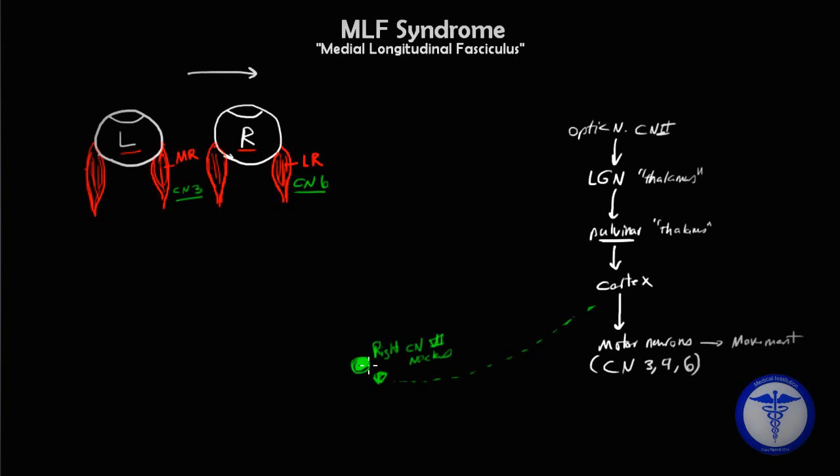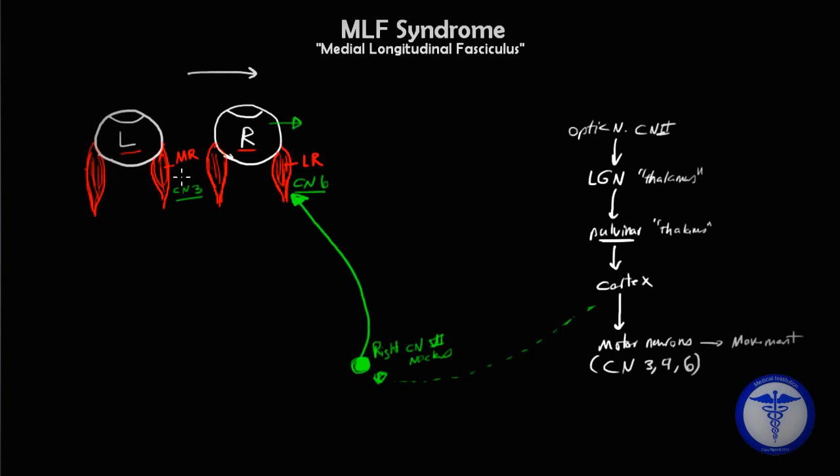Okay, they're going to travel here. From here, we're going to send signals through cranial nerve 6 to our lateral rectus muscle, which is going to cause contraction of the lateral rectus. So this eye is going to look to the right.